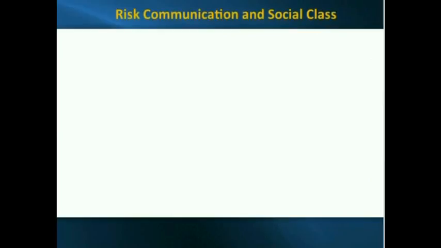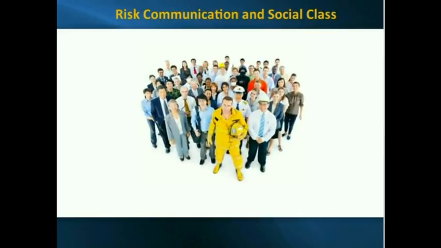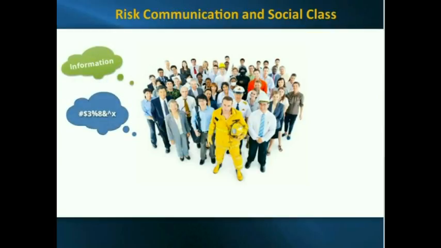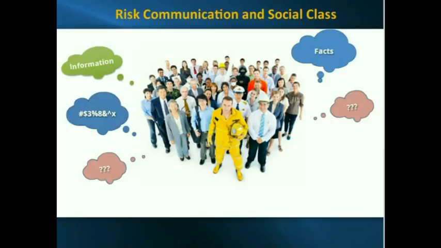Social class, for example, has an important influence on how people receive information, how people understand quantitative information, how much they can understand facts and maintain accuracy, and how much they learn, and how that knowledge can influence their decision making. Let me explain this with greater specificity.